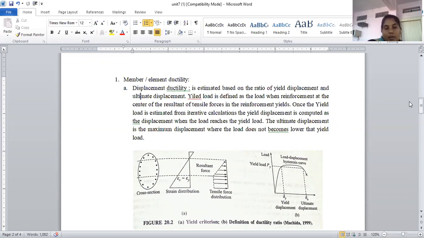Under the first part, A, write displacement ductility. It is estimated based on the ratio of yield displacement and ultimate displacement.